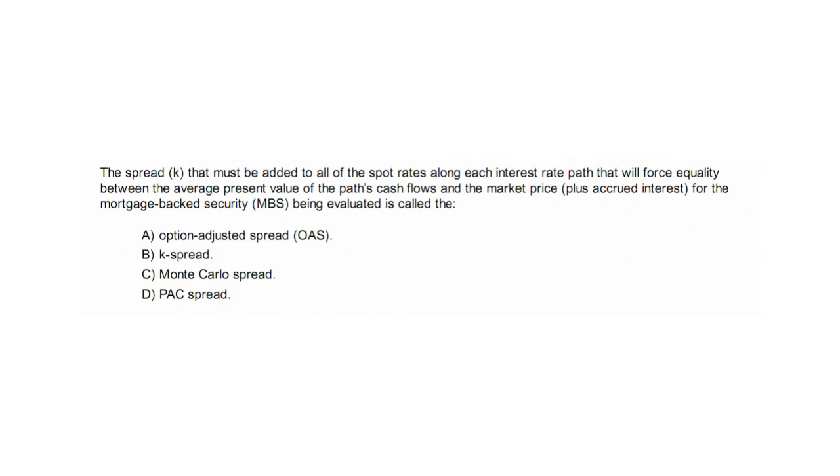The spread K, which is option B, that must be added to all of the spot rates along the interest rate paths, that will force equality with the market price, is known as option adjusted spread. Just remember this definition. There is nothing called Monte Carlo spread or PSE spread as far as I know.